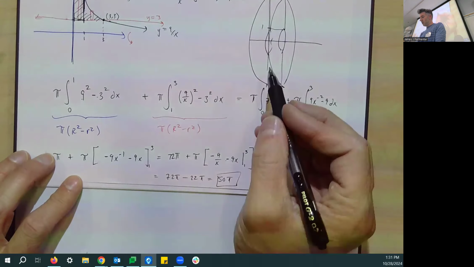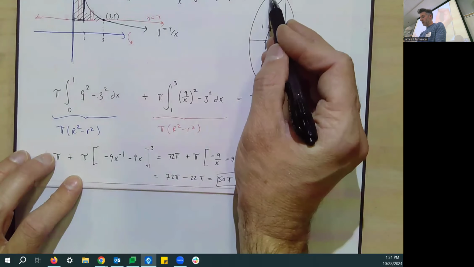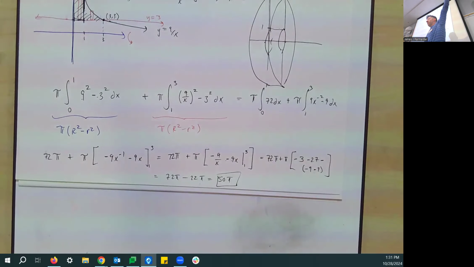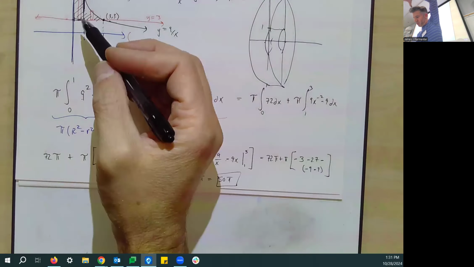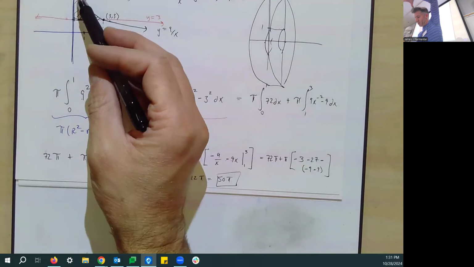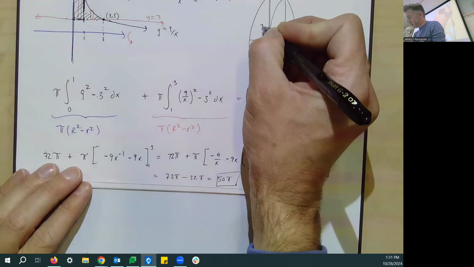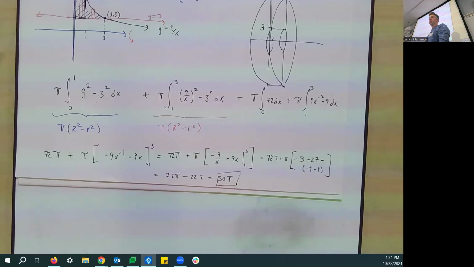So from 0 to 1, my outer radius is always 9, my inner radius is always 3. So I've got pi times 9 squared minus pi times 3 squared.